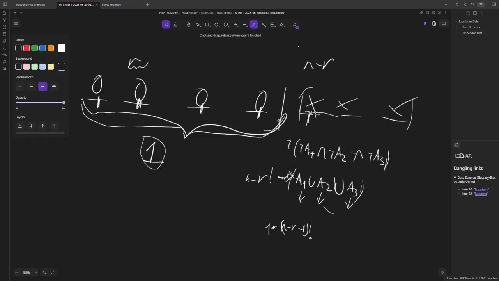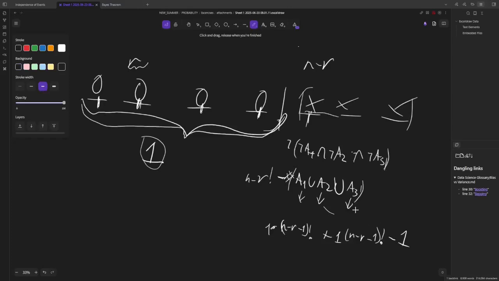Like, yeah, all incorrect, which would be considering this is incorrect. So another 1 times n minus r minus 1 factorial, and minus 1, which is when all of them are incorrect.